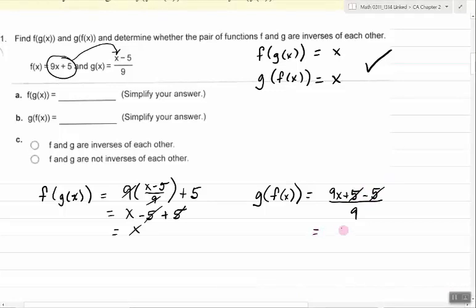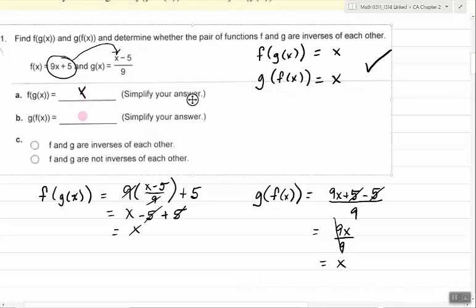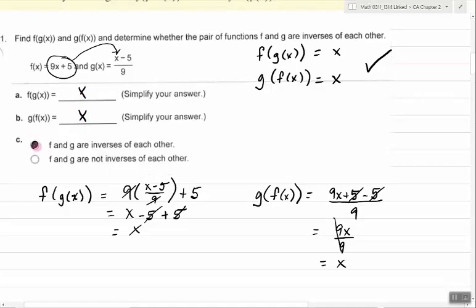That means that I get 9x over 9. Those divide out and I get x. So I have shown that f composed with g of x is x and g composed with f of x is x. Therefore, they are inverses. My answers here, this one was x, this one was x, therefore they are inverses.